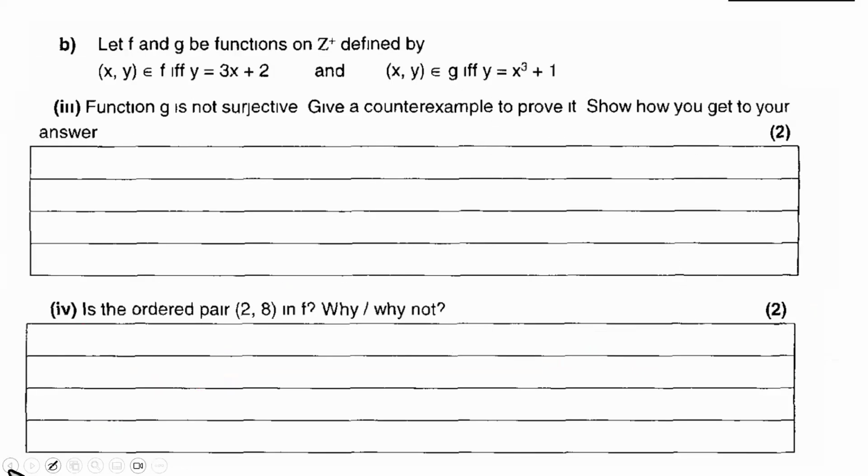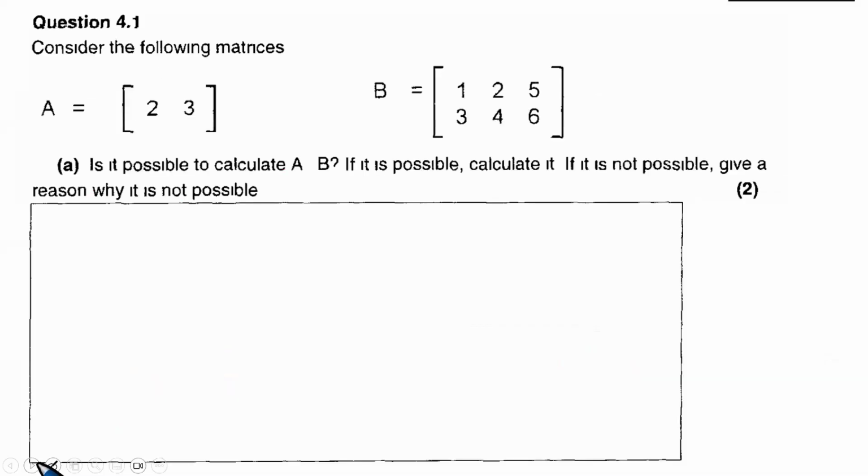Okay, the next question obviously is about matrices. Consider the following matrices. This one is called a row vector, of the size 1 by 2.